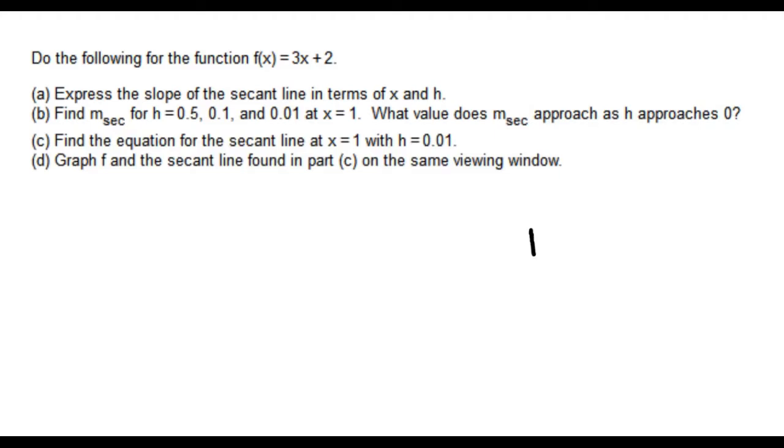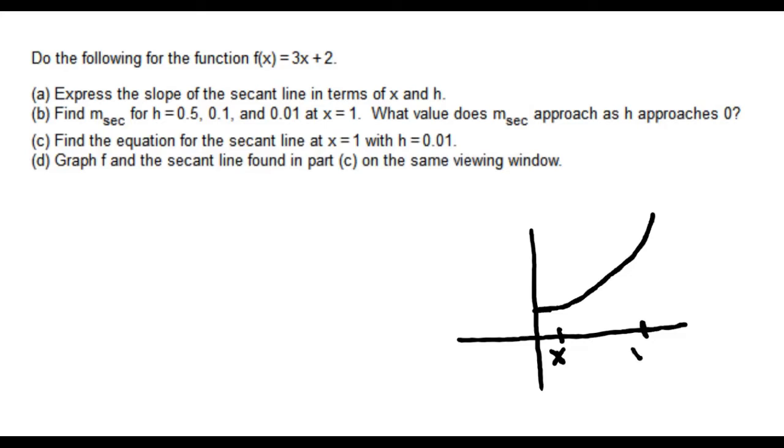So we'll start with a curve. We have some curve on our graph, and the secant line is going to be a line that crosses through 2 points on our curve. So I'm going to let x be the first point, and then the second point will be a little bit further down.